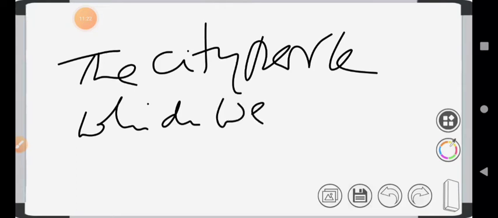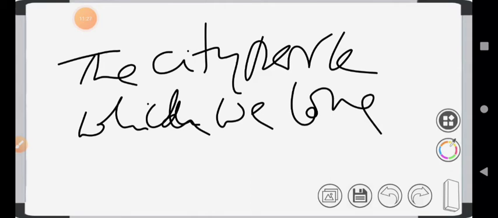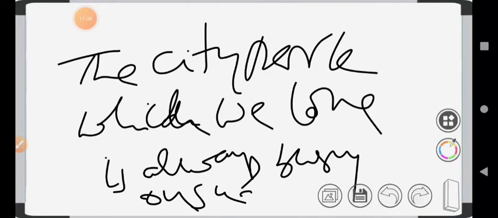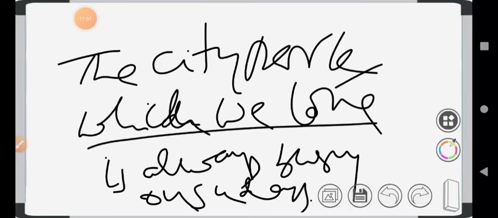The city park is always busy on Sundays. In between, after the city park, we keep the non-defining relative clause: which we love.